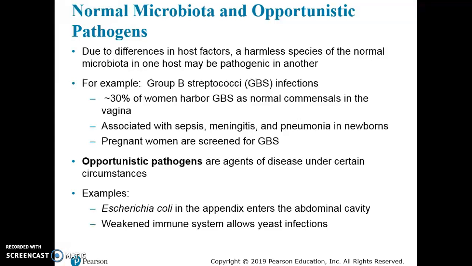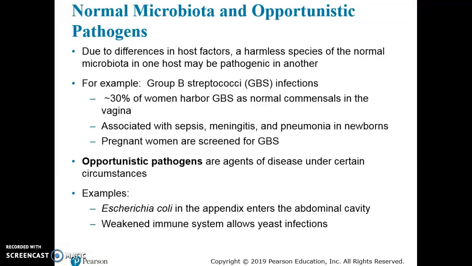The example given here is group B streptococcus, sometimes referred to as beta strep, but in this case just GBS for group B strep. With group B strep, it's estimated that 30%, and this number is actually higher than what I've seen.